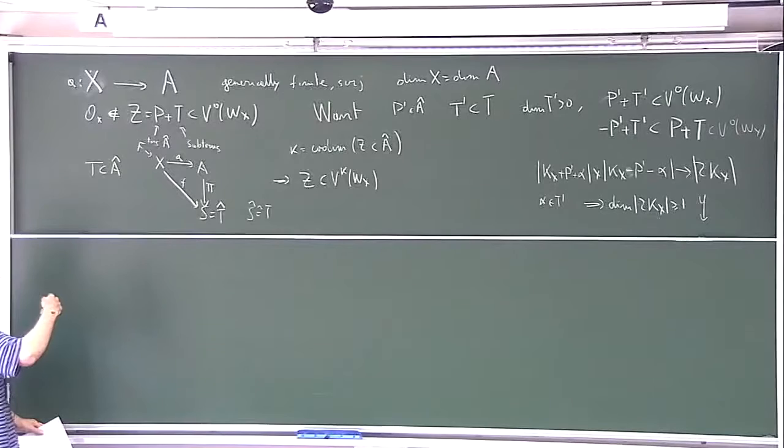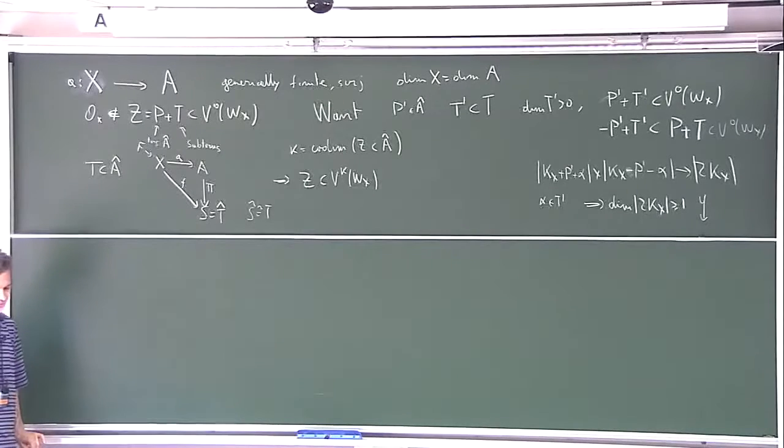Sort of one of the themes I've tried to emphasize is that this Kollár vanishing, which is stronger than Kawamata-Viehweg vanishing, sort of implies the generic vanishing results.